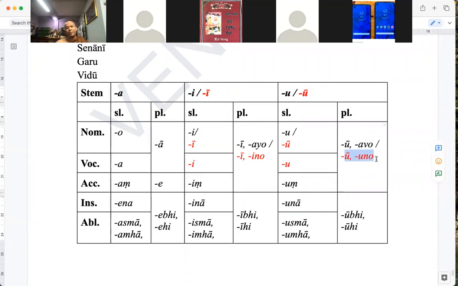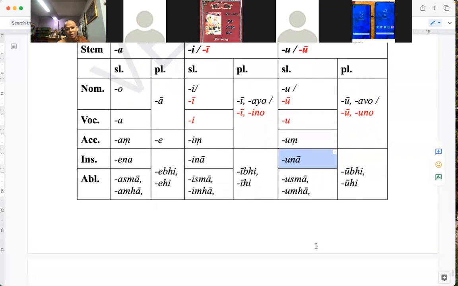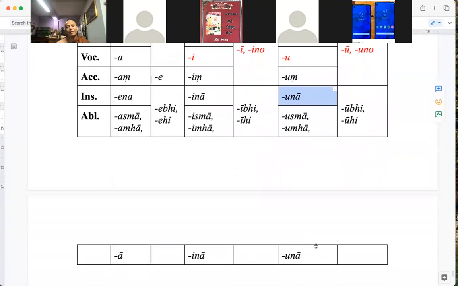And the accusative, we do. And the plural, we do no. And the instrumental, we do na. And the plural, we do he. Okay. And the ablative.